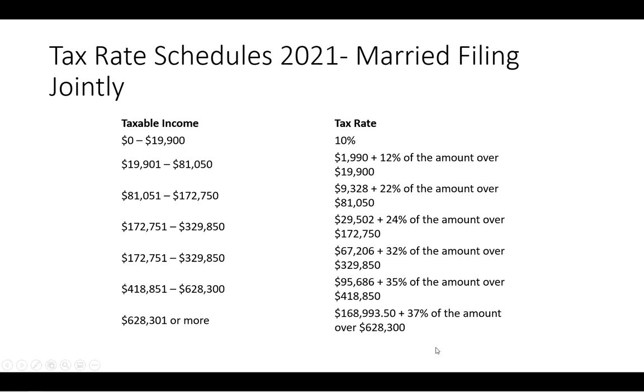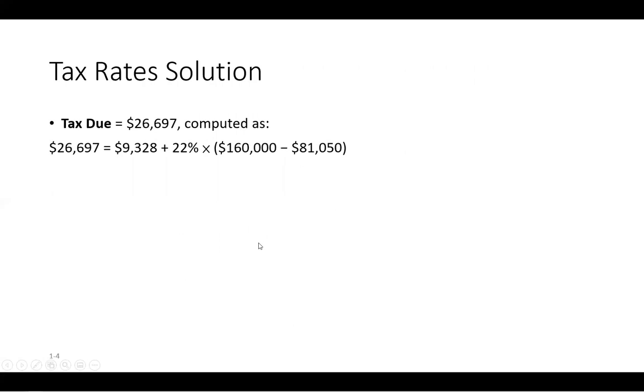Now let's see how we calculate Bill and Mercedes. So Bill and Mercedes have $160,000 of taxable income. Now, if you go to your Appendix C and look at Schedule Y1, the first column says, if taxable income is over, but not over, then calculate your tax according to the rule in that row.